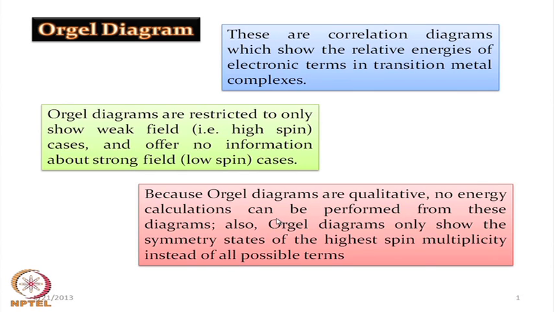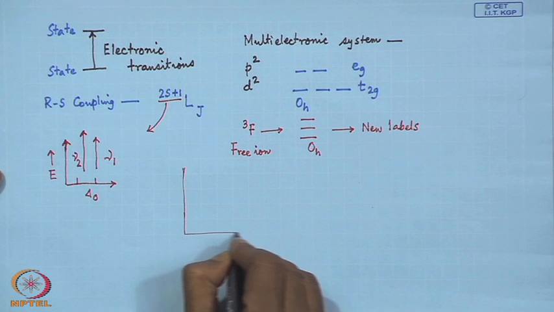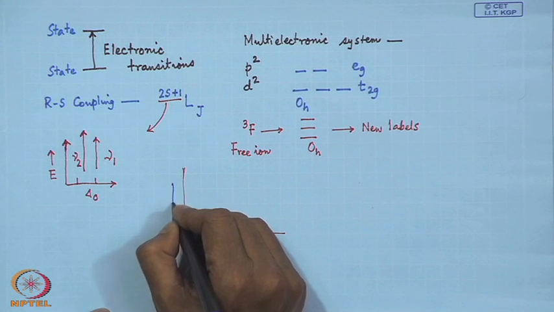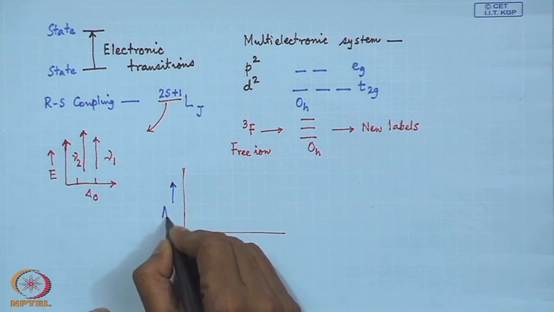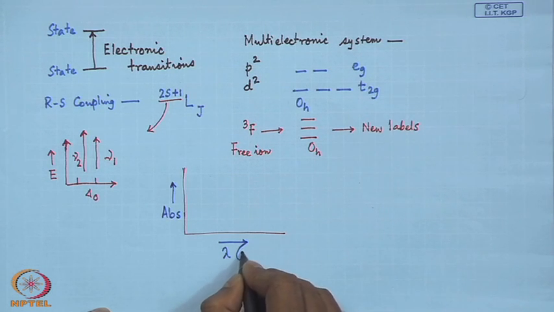So, if we want to calculate quantitatively, why do we need these energy calculations? Because when we get the corresponding electronic spectrum, we see that we have the absorption axis and the corresponding lambda axis.